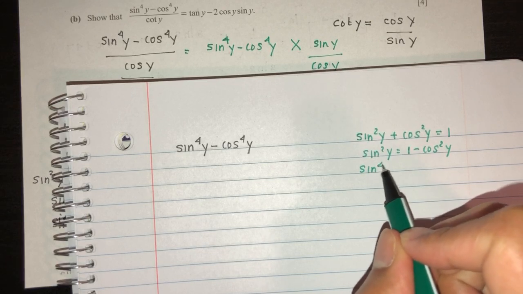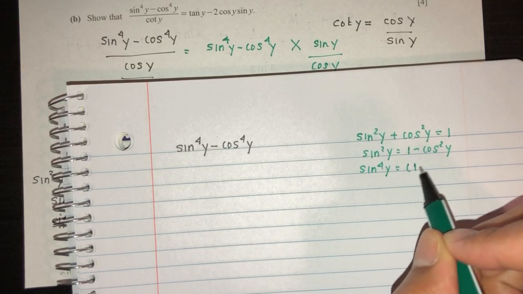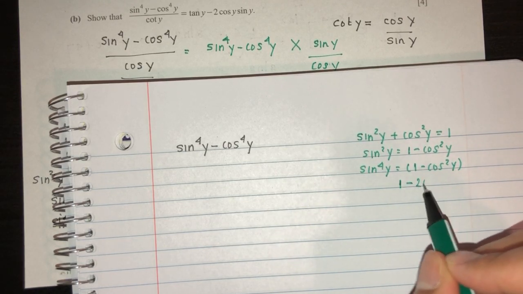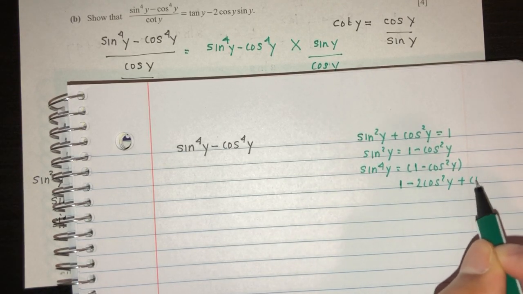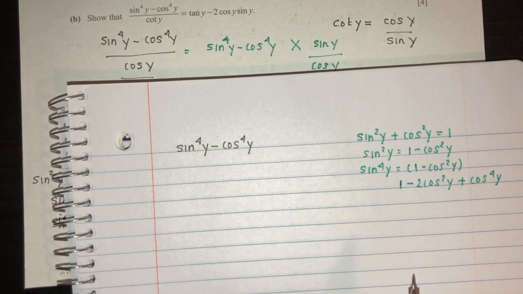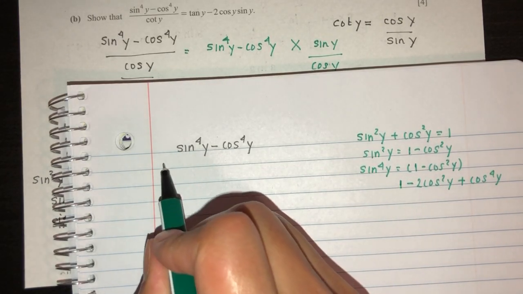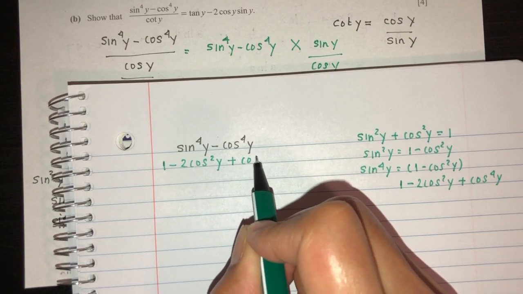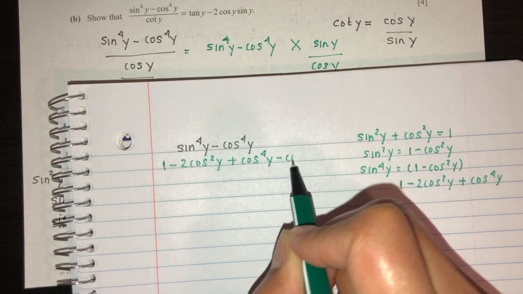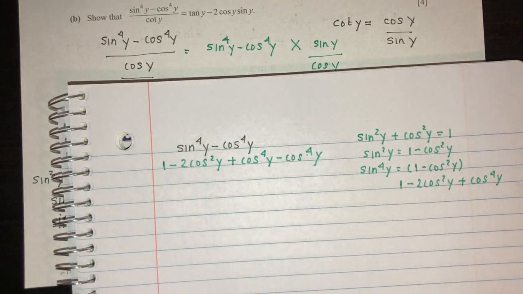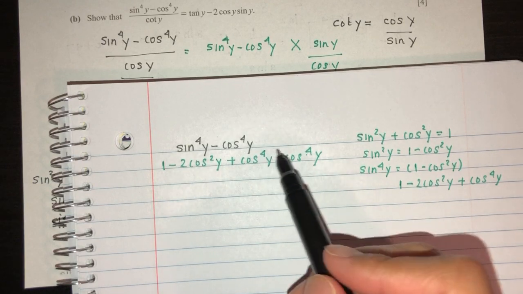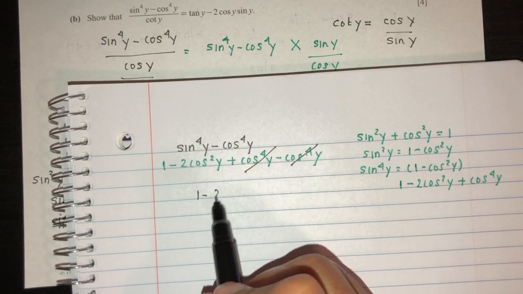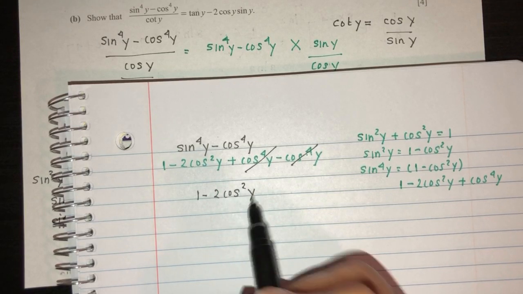So sine power 4y, we have to square, becomes 1 minus cos square y squared, which is 1 minus 2 cos square y plus cos power 4y. Now replace this back in your equation. You will have 1 minus 2 cos square y plus cos power 4y minus cos power 4y. As you can see, these two cancel out, so you have only on top 1 minus 2 cos square y.